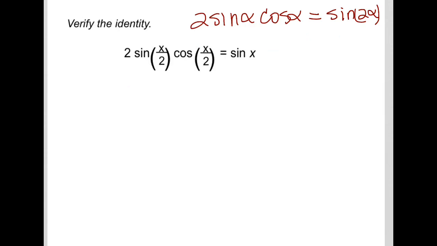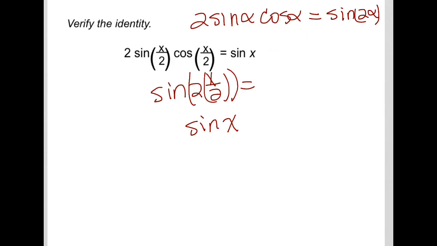I'm simply going to write sine of 2 times my angle measure, which happens to be x over 2. Write my equal sign. Simplify things in parentheses. 2 times x over 2, so it becomes sine of x. Those 2's cancel out. And I finish that verification.